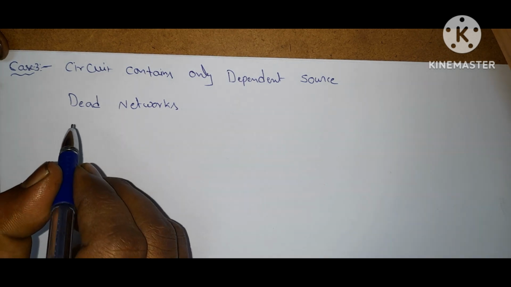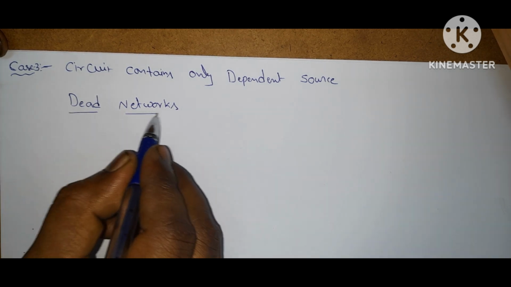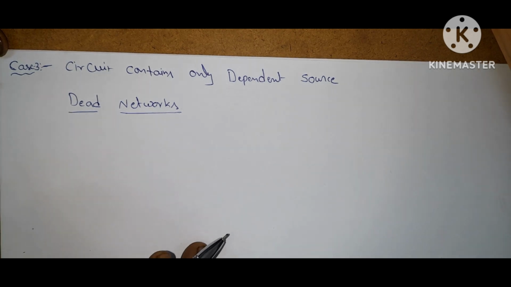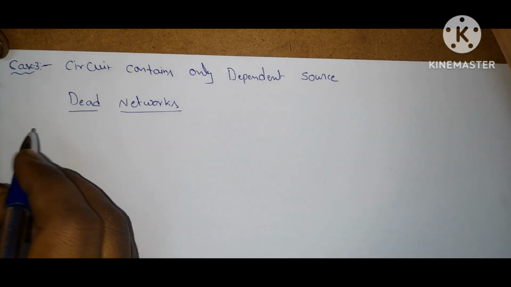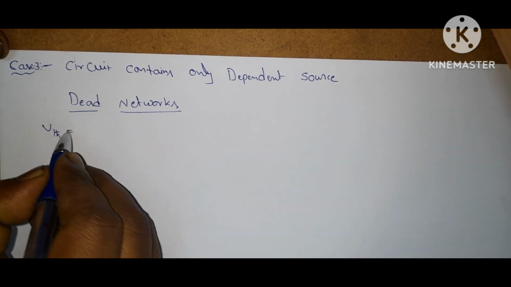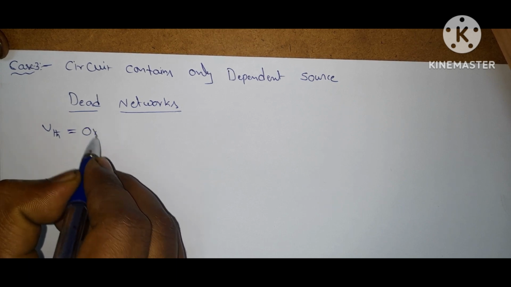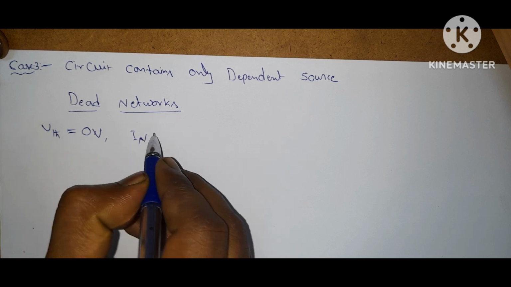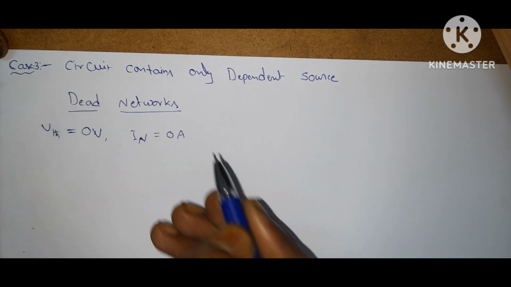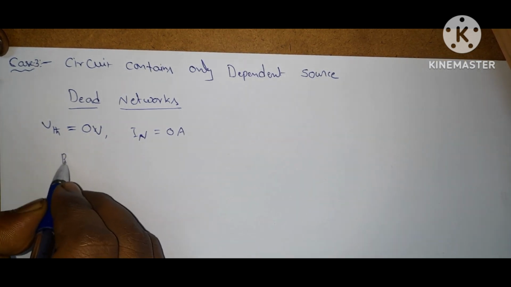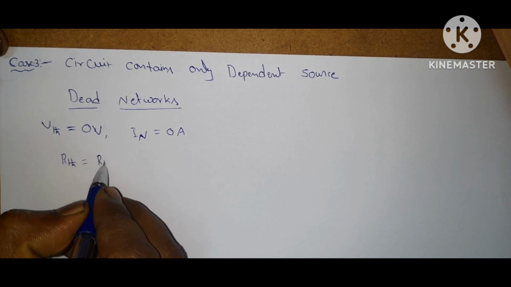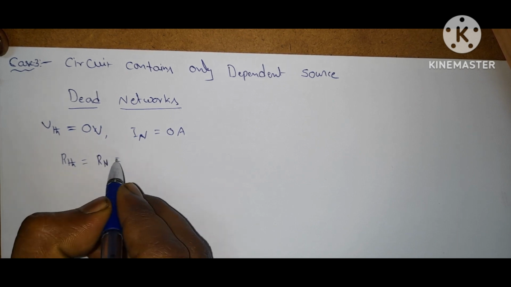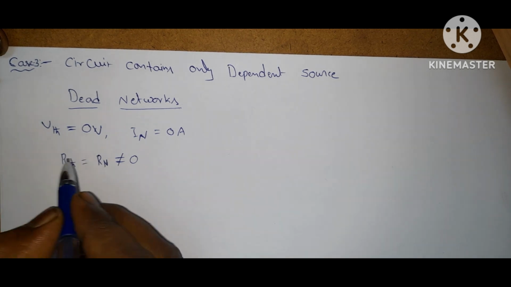For dead networks, Thevenin voltage equal to 0 volts and short circuit current or Norton current equal to 0 amps. Only Thevenin resistance or Norton resistance exists. This is not equal to 0.